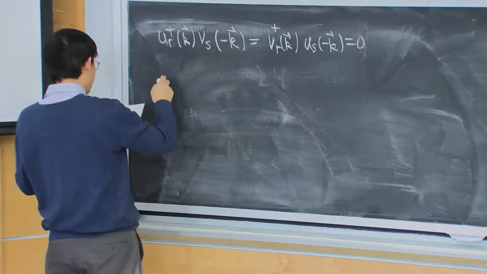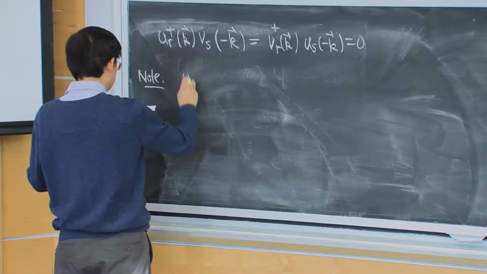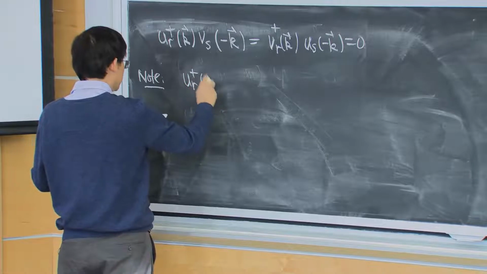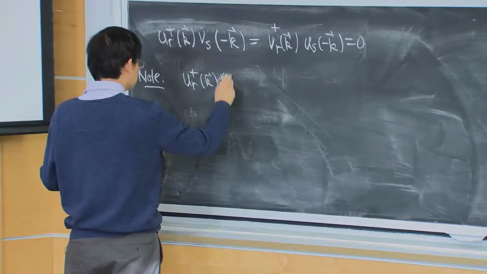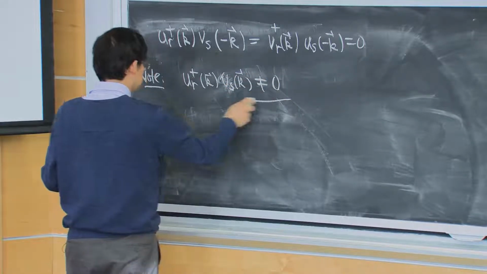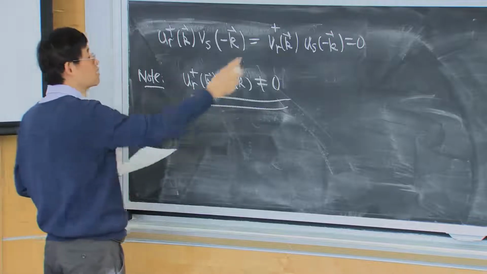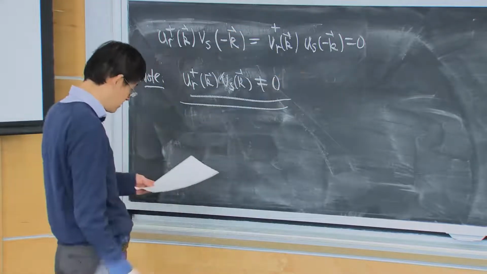But UR dagger K US VS K is actually not equal to 0. Okay, so they are not orthogonal. Okay, only the bar relation is orthogonal, and then this relation is orthogonal. Okay.